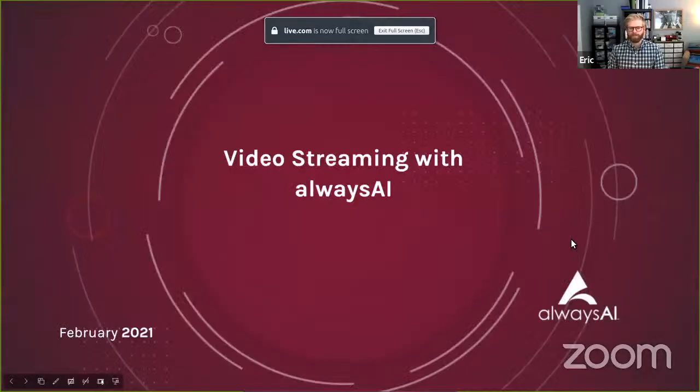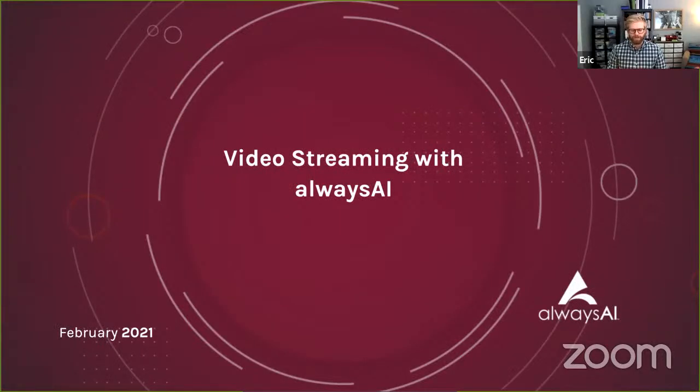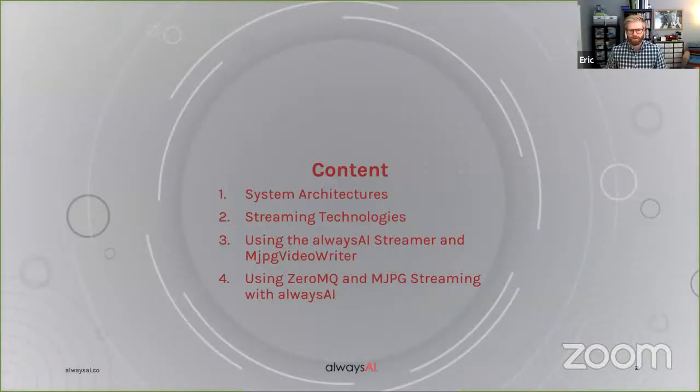So I'm going to go over some different ways to get your video stream out of your AlwaysAI app and into other things like a browser or a third-party app or a server, all those sorts of things. I was going to go over a few different system architectures you could have or run into, some of the different streaming technologies, and then using some of the AlwaysAI tools such as the streamer and the MJPEG video writer.